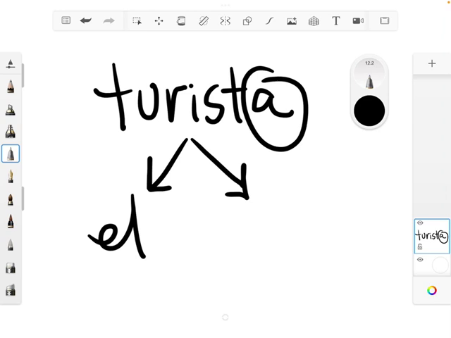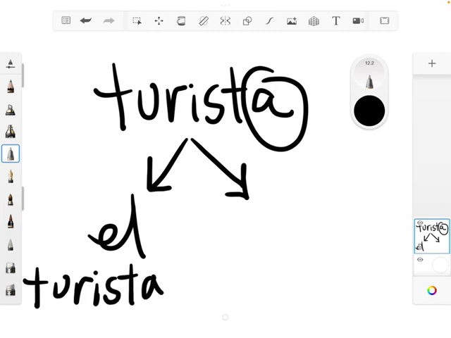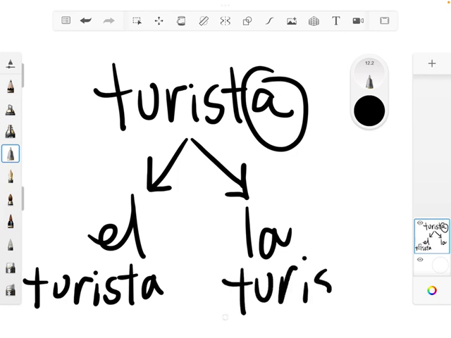So if you have a male tourist, he's going to be el turista. But if you have a woman who's a tourist, it'll be la turista. Okay? Same with the other examples here. El joven or la joven, el estudiante or la estudiante.